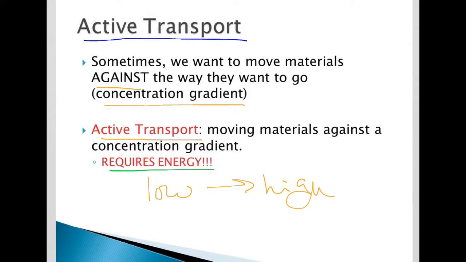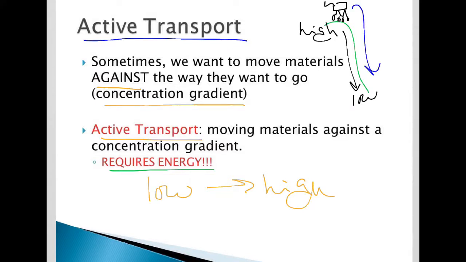And because we're moving something against the way that it wants to go, it will require energy. This is like if we have a hill and we have a shopping cart. If I have the shopping cart at the bottom of the hill going high to low, and I let it go, it will take literally no energy on my part for the shopping cart to go from high to low, the direction it wants to go.